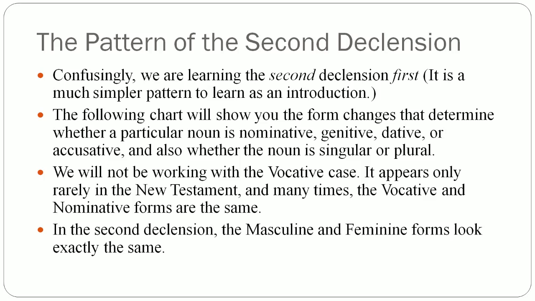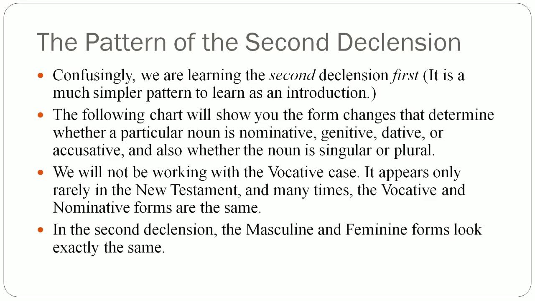Gender is a little bit harder. It's not nearly as reliable as those other two, but certainly case and number you will definitely know once you know this pattern. I put here that we're just not going to work with the vocative case. I'm not going to have you memorize it. It just doesn't appear very often, and usually a vocative looks very similar or identical to a nominative.